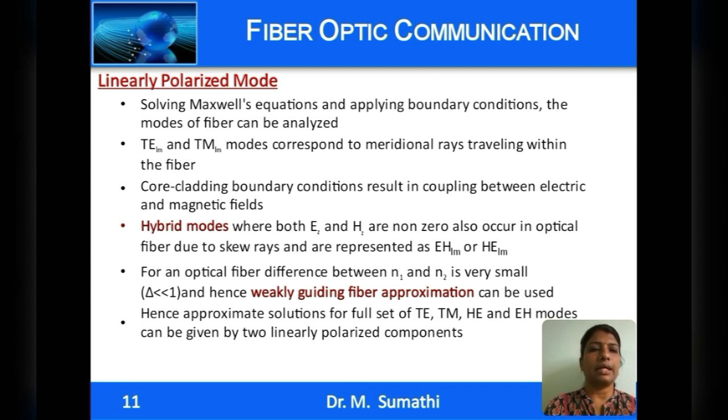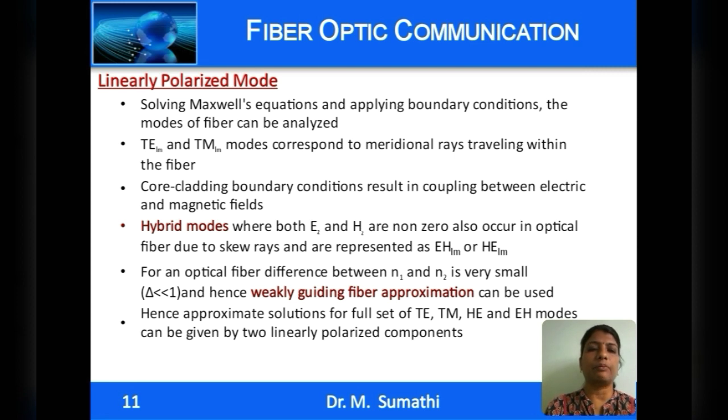The TE and TM waves correspond to the meridional rays travelling in the core of the fiber, and the suffix L and M indicated by two integers is given because an optical fiber, which is a cylindrical waveguide, is bound in two axes.